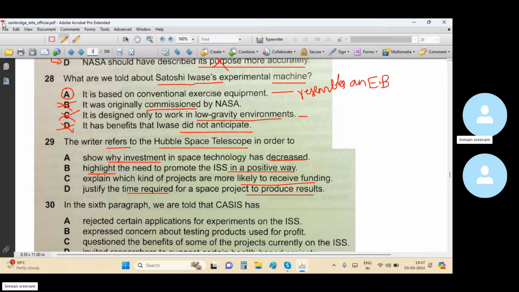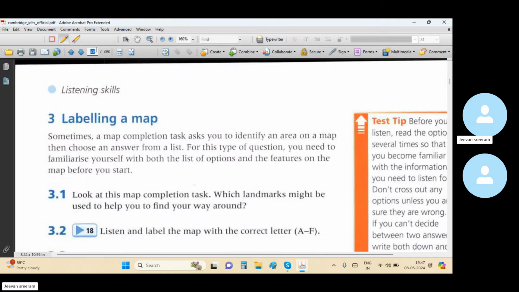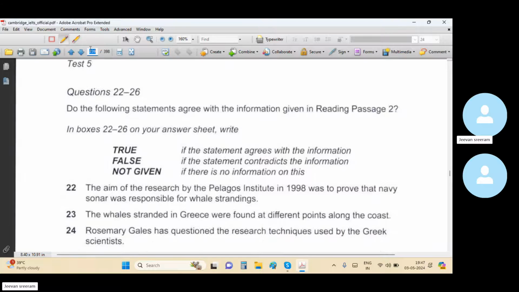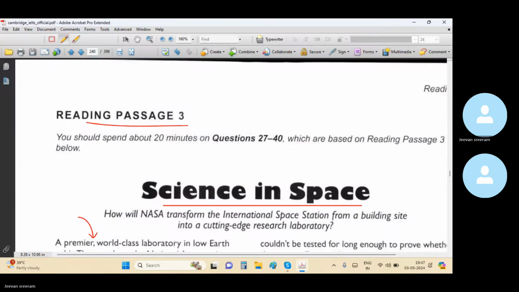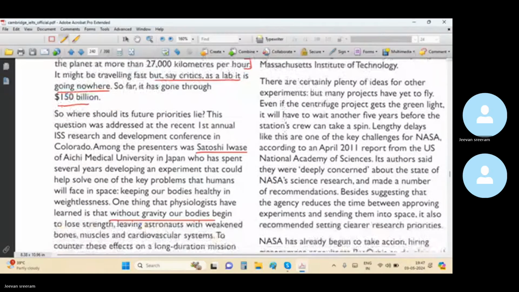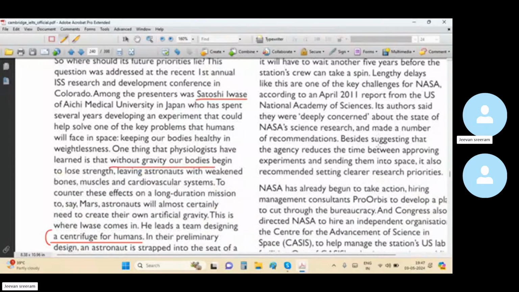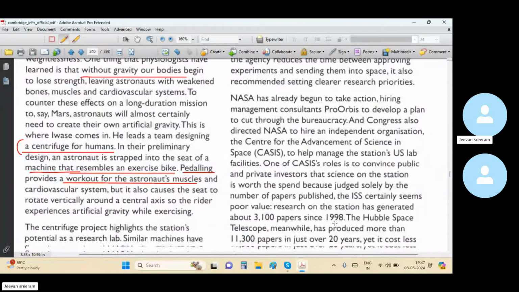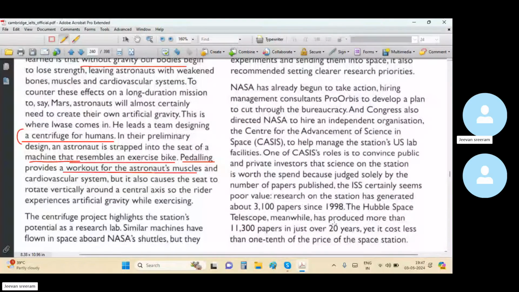So the lead word is Hubble Space Telescope, around which you can find the relevant information to answer this. We have information about Hubble Space Telescope here in this paragraph.